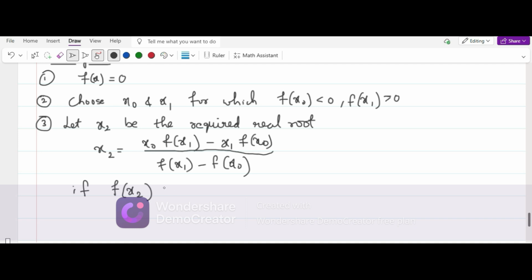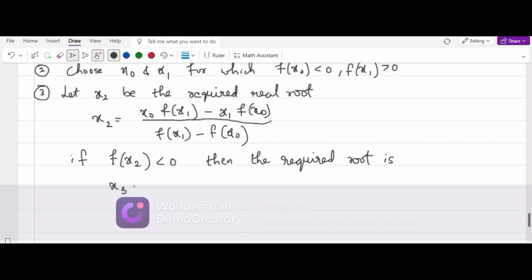If f of x2 is less than 0, I can say that the required root is x3. The required root is x3, that is equal to what?